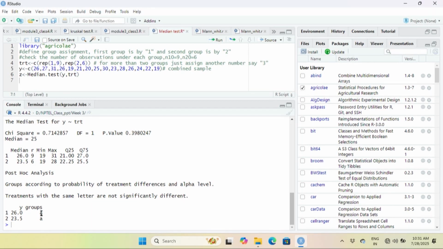And just by looking at the picture, looking at AA, or it is AB or BC, you can understand which pairs, which medians are not equal. Okay, so when we are comparing, we always have to make pairwise comparison, right? So AA means there is no difference between the 2 populations in terms of median. So in case it is AB, then that means 2 population medians are different.